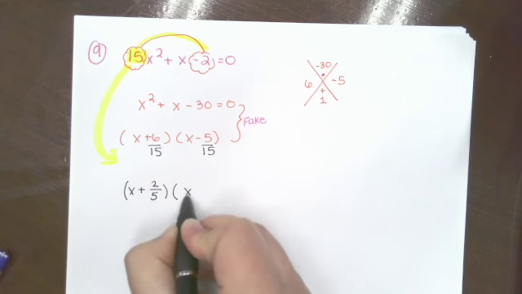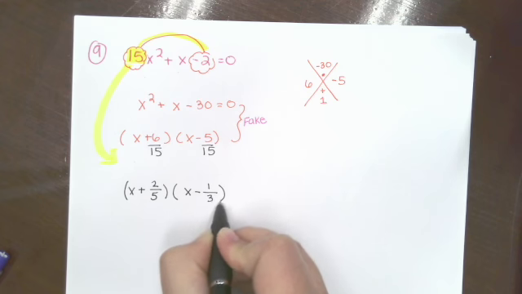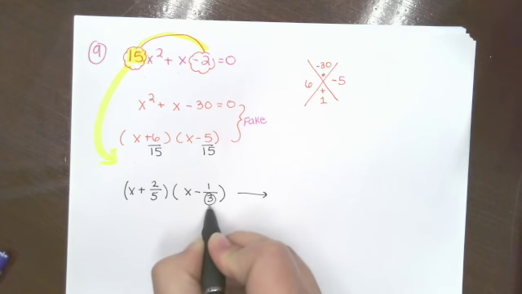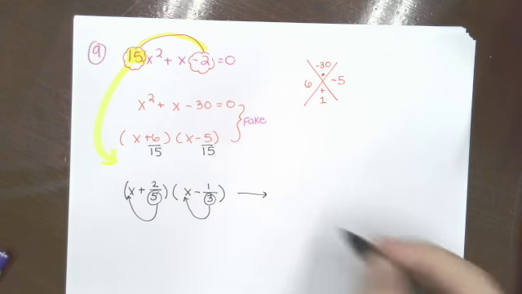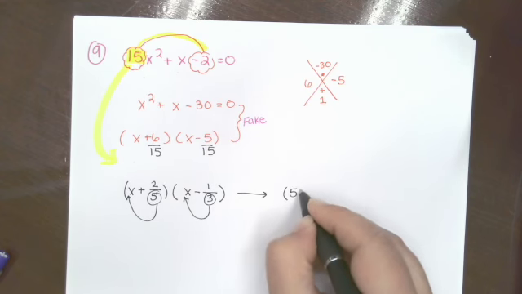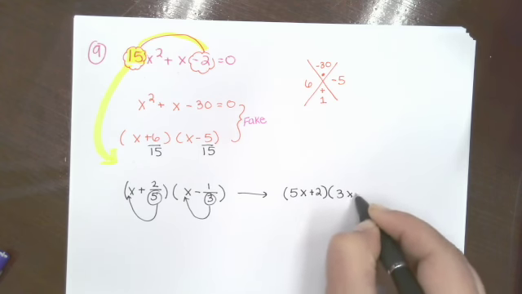Then we have 5 goes into 5 once, 5 goes into 15 3 times. You must then convert your denominator to be out in front. So the factors are 5x plus 2 and 3x minus 1.